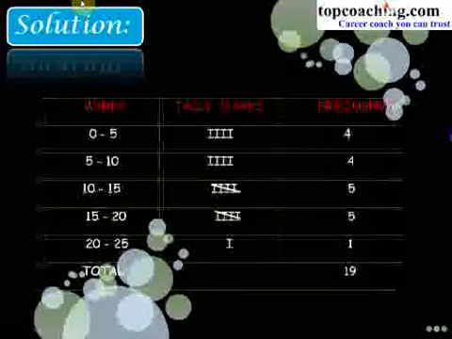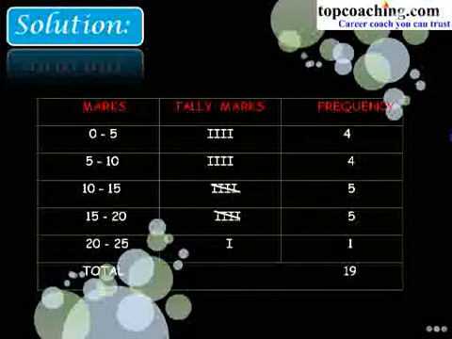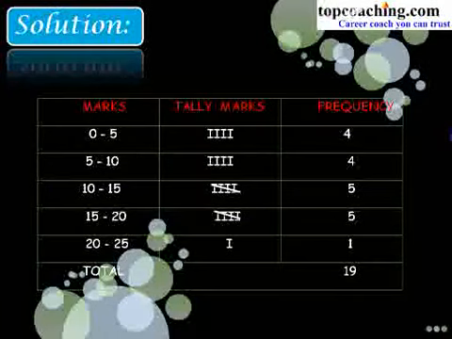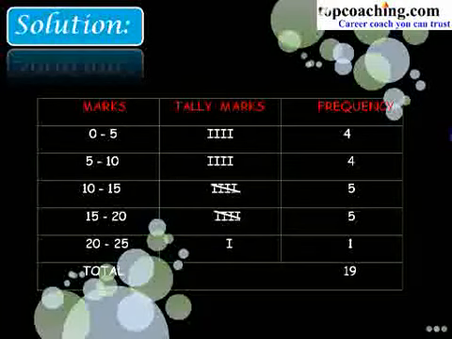Now students, from this frequency distribution, we can conclude that there were a total of 4 students who got marks between 0 to 5. Similarly, there were 4 students who got marks between 5 to 10.